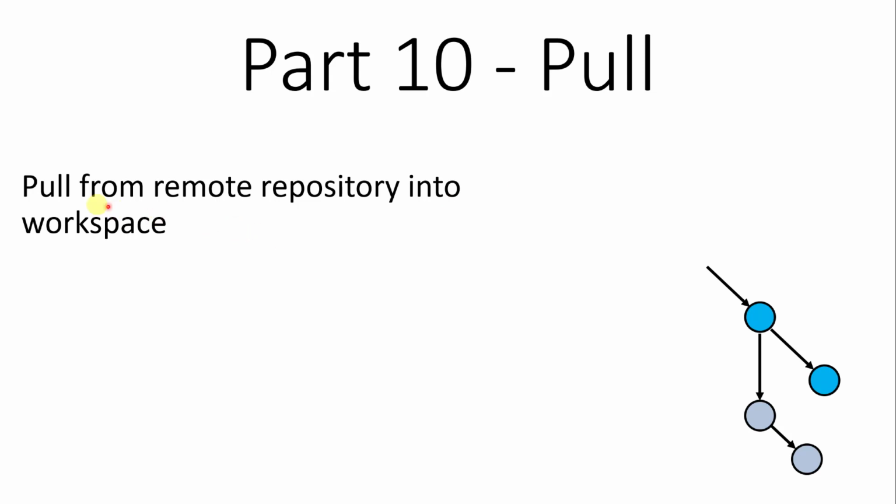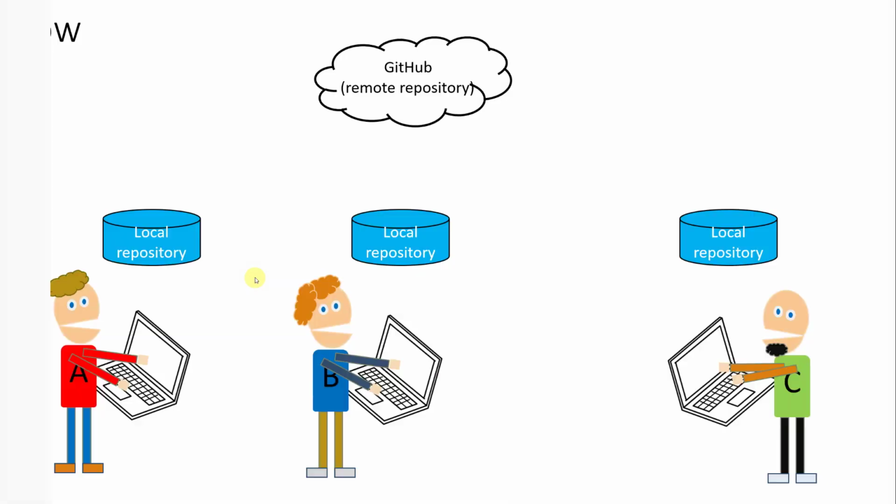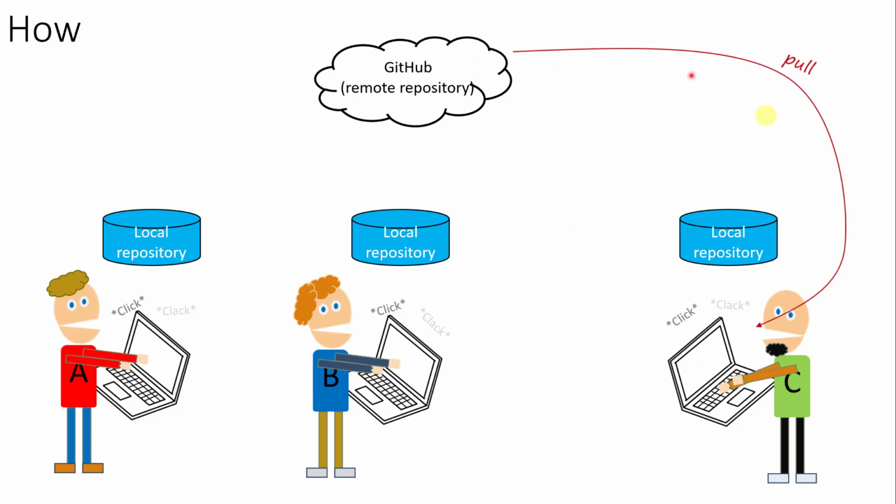The point is that you pull from a remote repository into your own workspace, so it is a combination of the fetch and checkout that we saw in the previous video, and looks something like this. Some of these people here have pushed something to the remote repository, and this guy here wants it into his own working code, so he can make a pull, and it just goes straight into the code here.